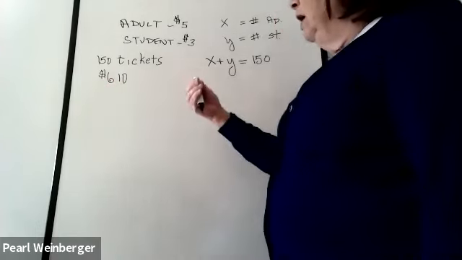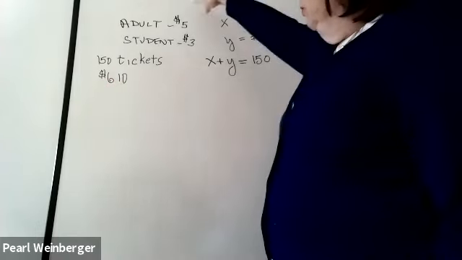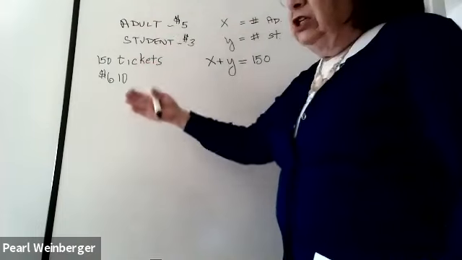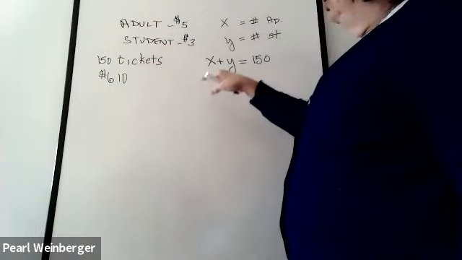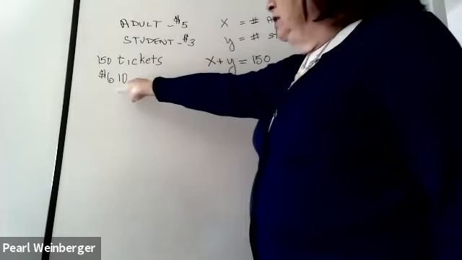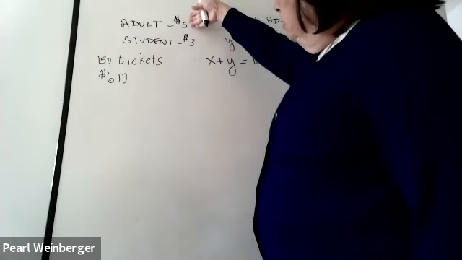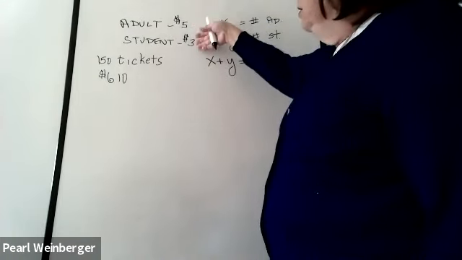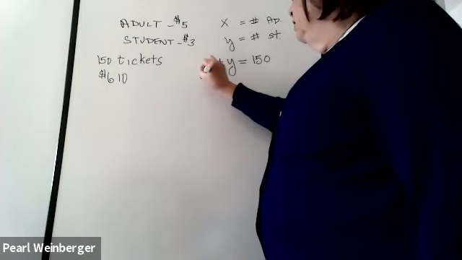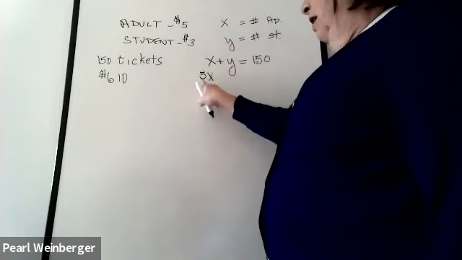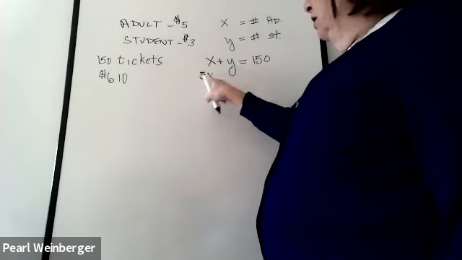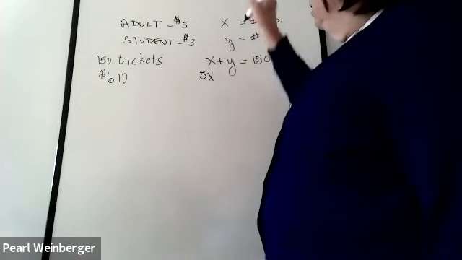The next thing we know has to do with how much money they made. Now, when you're talking about how much money they made, not only do you have to know how many tickets were sold, but how much each ticket went for. So for the $610, we have to include the fact that the adult tickets were $5 and the student tickets were $3. In other words, my second equation becomes 5x, because it's $5 per ticket times the number of adult tickets.